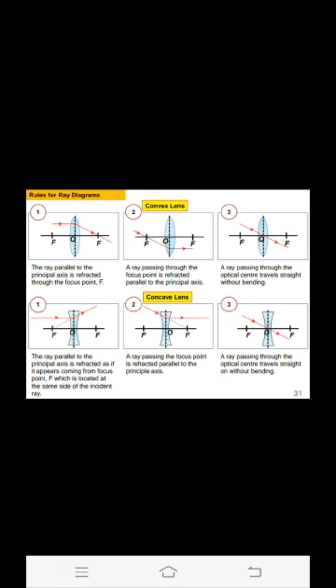Alright, rules for ray diagrams. We focus more on the concave lens. First, the ray parallel to the principal axis is refracted as if it appears to come from focal point F, which is located on the same side as the incident ray. We can see here the ray moves in a straight line, right?